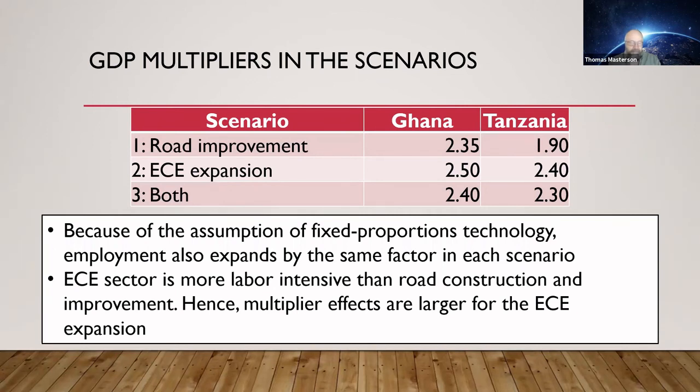So for every dollar you spend, you get $2.35 of employment, in other words, or cedis or shillings in these cases. The early childhood expansion sector is more labor intensive than road construction and improvement, and so the multiplier effects are larger for the ECE expansion. That's why they're larger for both Ghana and Tanzania.